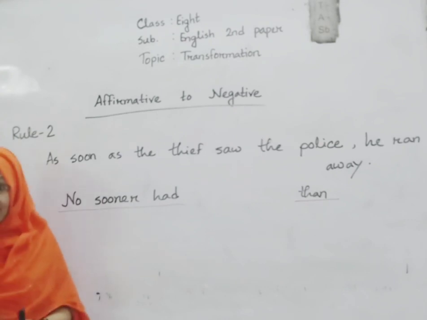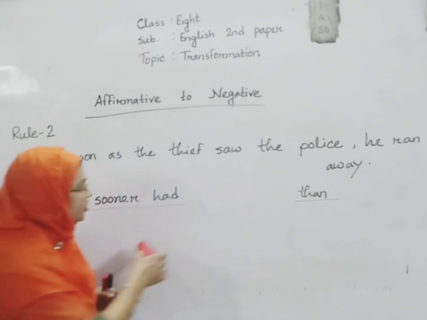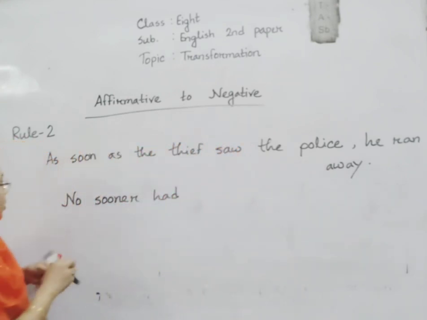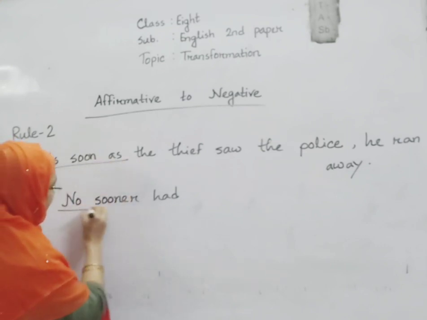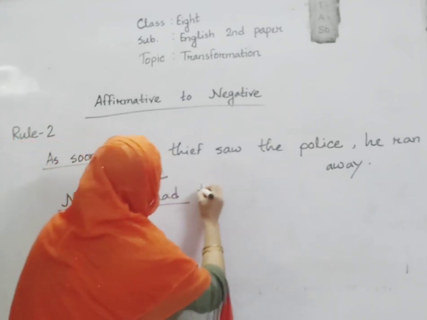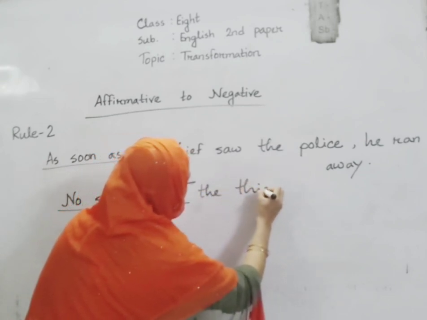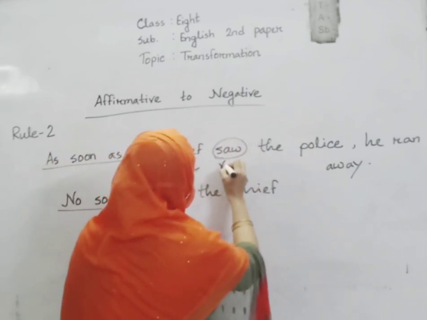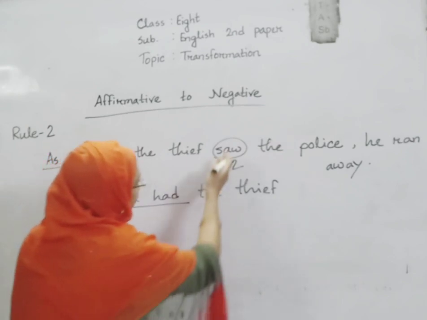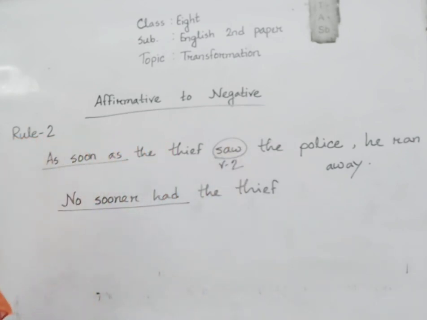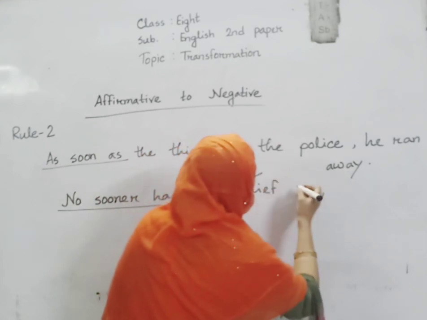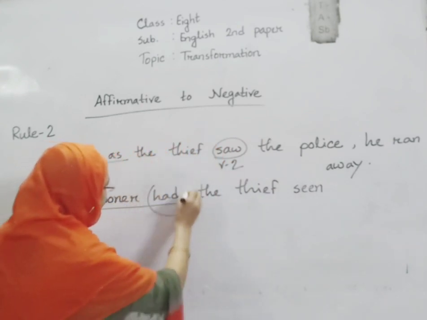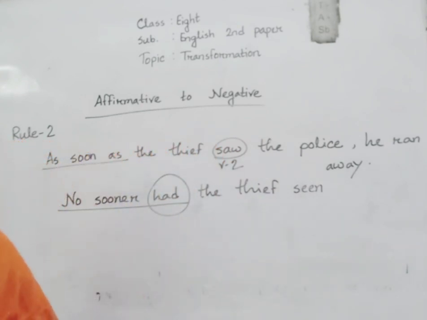And you can easily make the answer by using the rule: for as soon as there is no sooner had, then the thief saw. Saw is V2 here, and here we have to write down V3 of saw because there is had in the sentence.